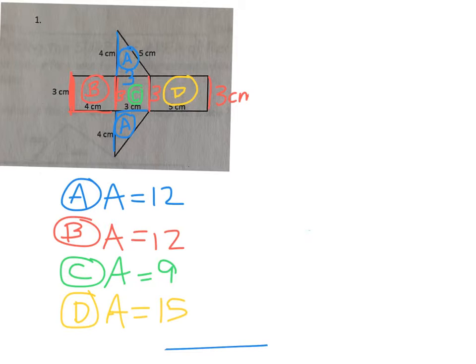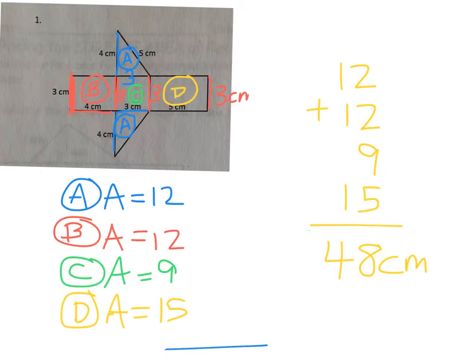So all of our shapes, we have A was both A's combined where area equals 12 centimeters squared. Shape B was 12, C was 9, and D was 15. So if we add 12 plus 12 plus 9 plus 15, we should get a total surface area of 48 centimeters squared. And that's our final answer.